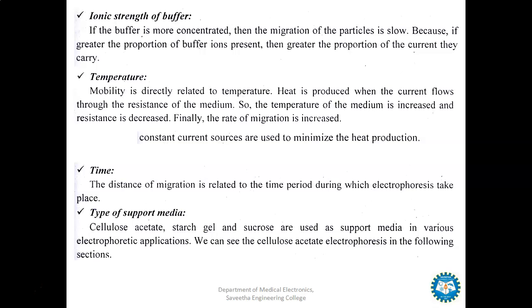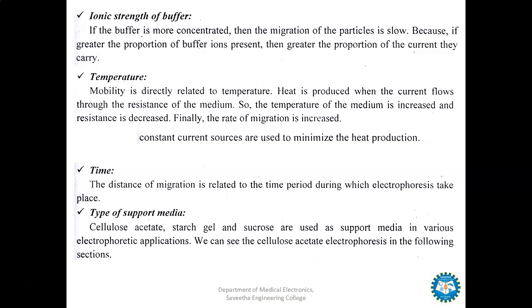And third is temperature. Mobility is also directly related to temperature. Heat is produced when the current flows through the resistance of the medium, so the temperature of the medium is increased and resistance is decreased. Hence, the rate of migration is increased. So, constant current sources are used to minimize the heat production.